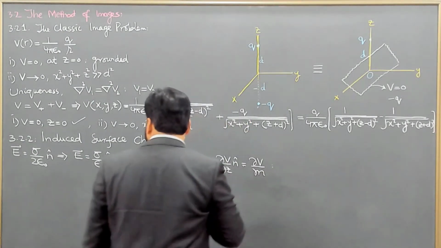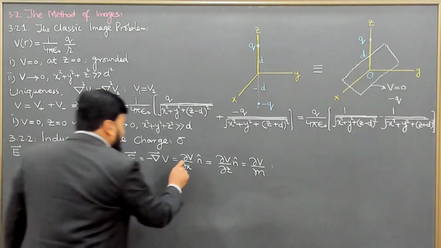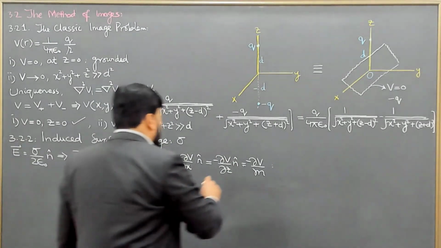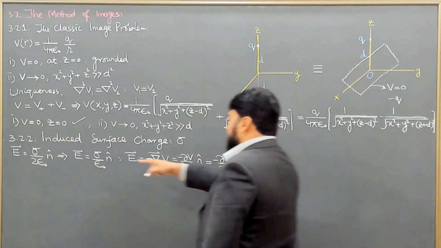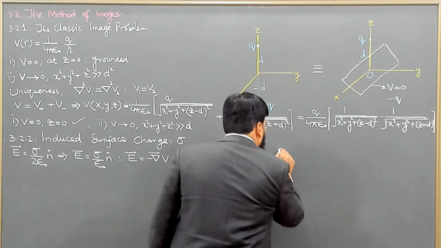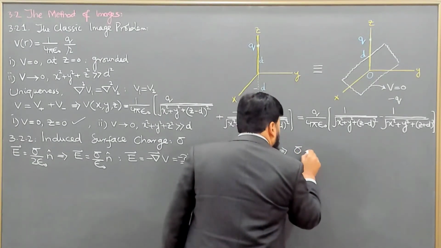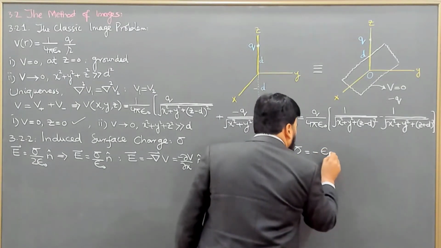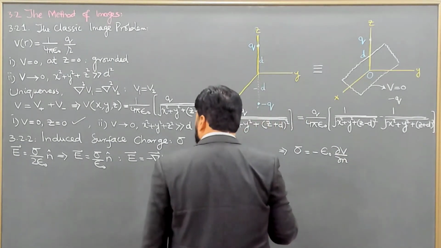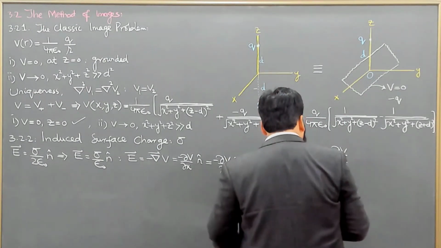So I can write from this equation that sigma over epsilon naught is basically, let me write the minus sign as well, equal to this. So this implies that sigma is equal to minus epsilon naught times curly V over curly n, or partial V over partial n, the normal derivative.